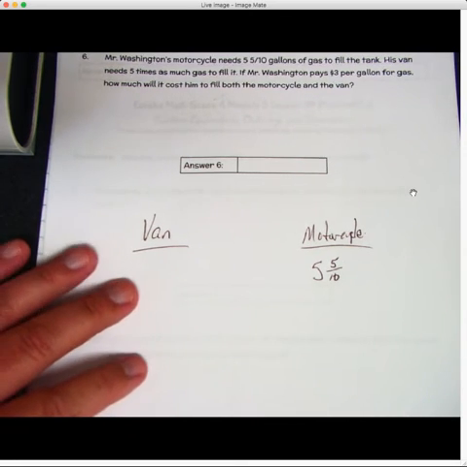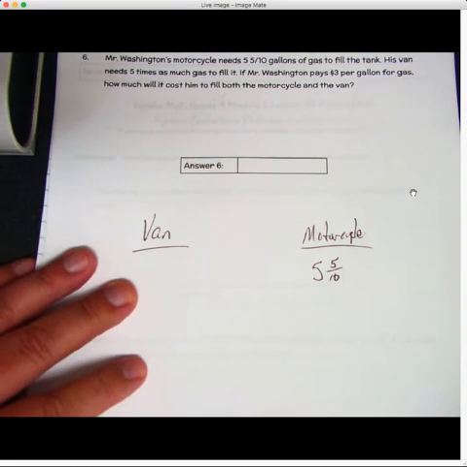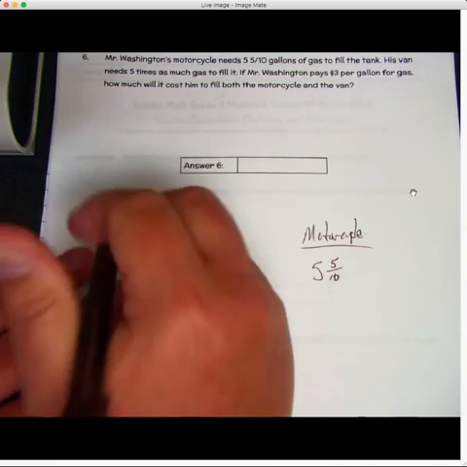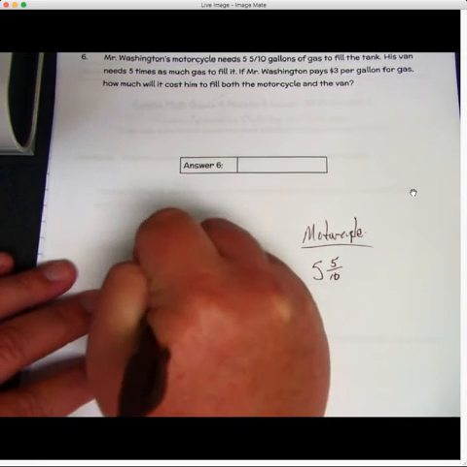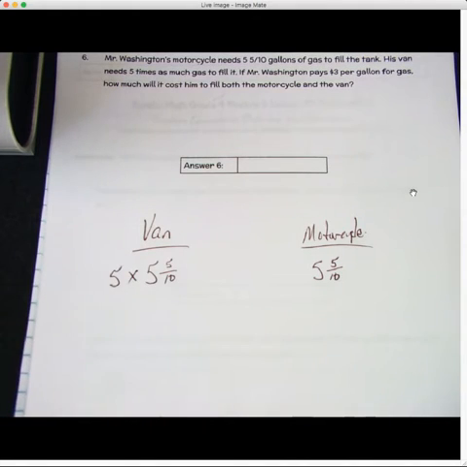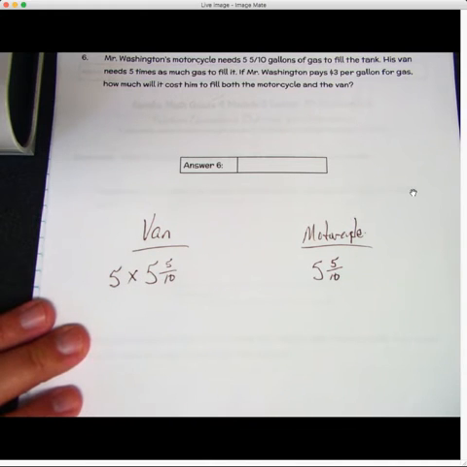We know that the van will hold 5 times as much gas as the motorcycle. So that means the van holds 5 times 5 5/10. Okay? So let's find out how many gallons the van will hold.